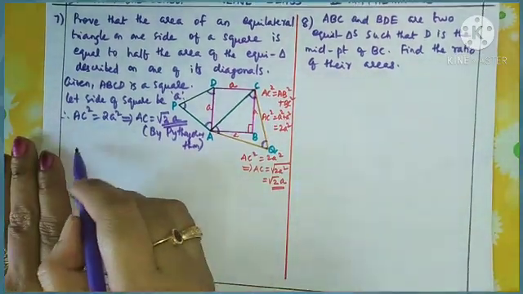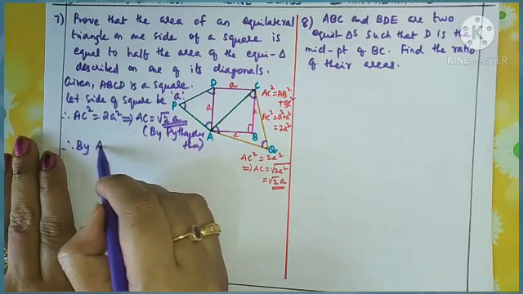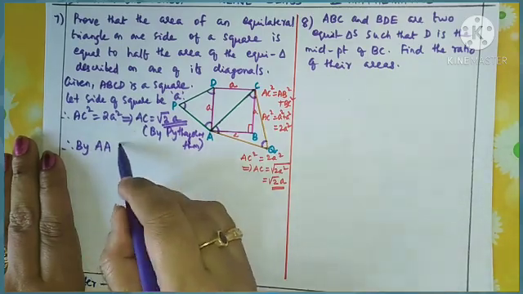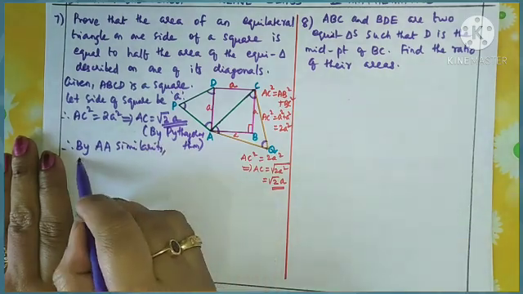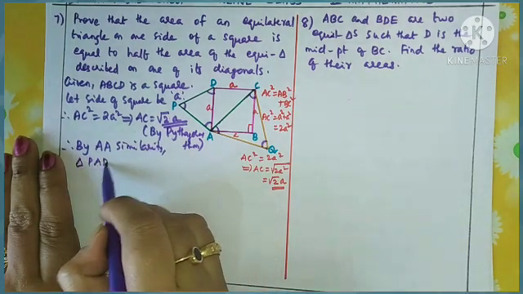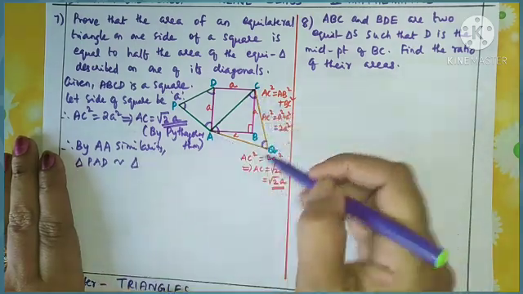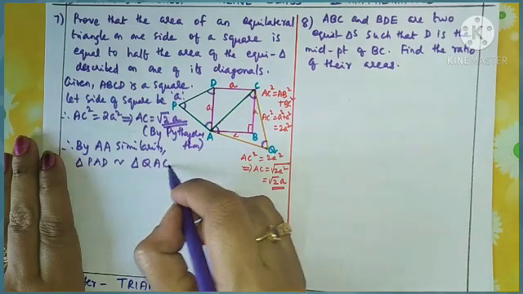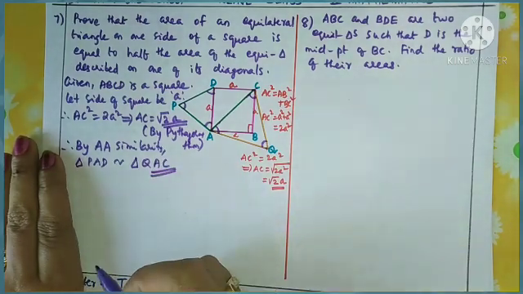Okay, so you can say therefore by AA, angle similarity, we can say what? This triangle PAD is similar to triangle, what is the name? QAC. These two triangles are similar. Okay, so this result we got.